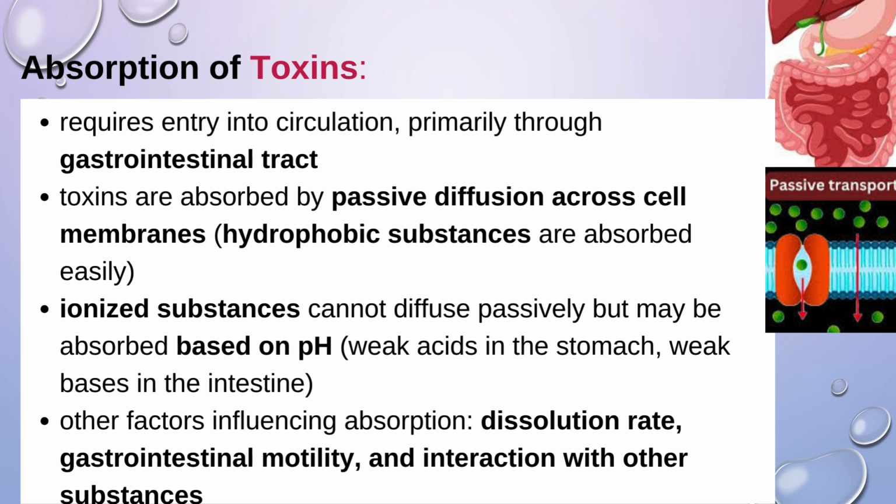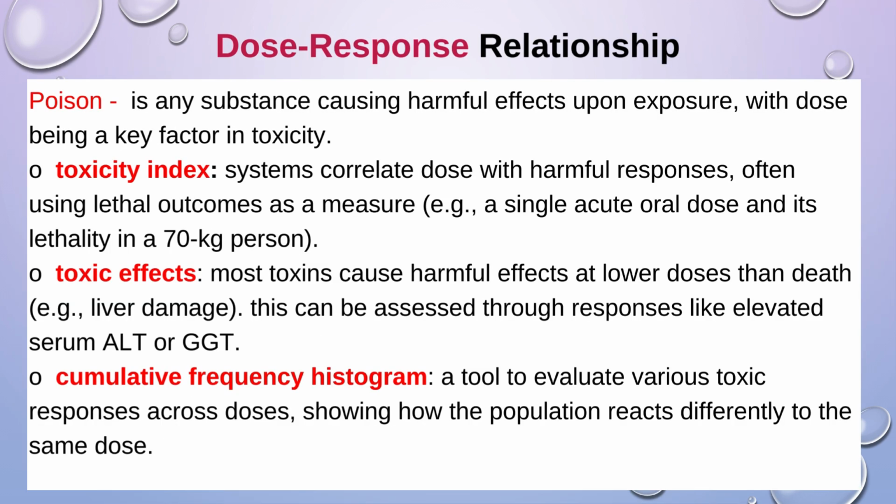Ionized substances cannot diffuse passively but may be absorbed based on the pH. Substances must appear as weak acids to be absorbed in the stomach, and as weak bases to be absorbed in the intestines. Factors influencing absorption include the dissolution rate, gastrointestinal motility, and interaction with other substances.